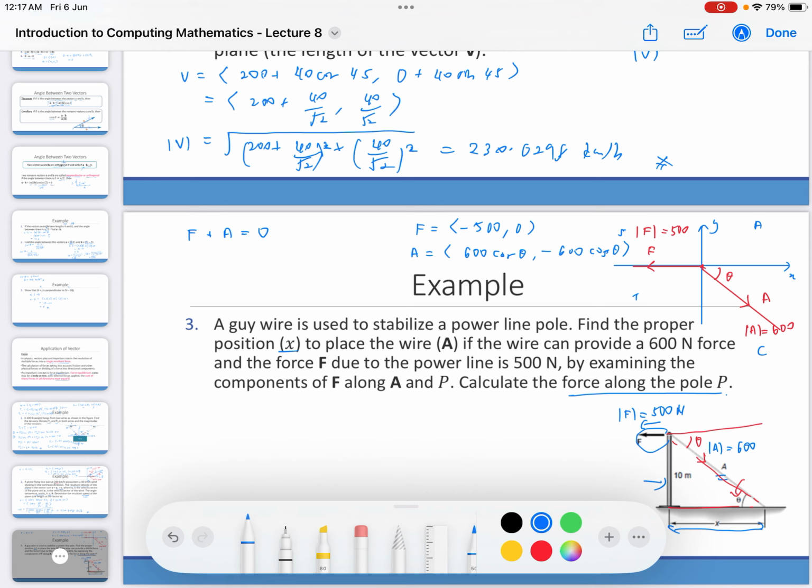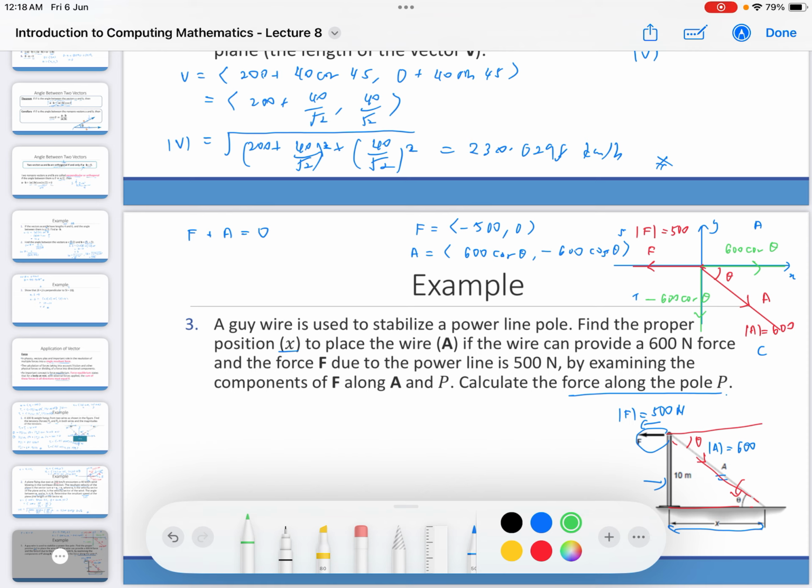If we split A into the two components, this one is the horizontal component, which is 600 cos theta, and the second component points downwards, so we have negative 600 cos theta.